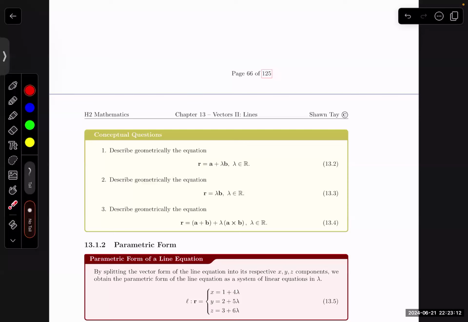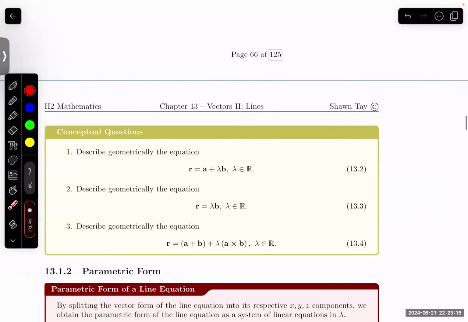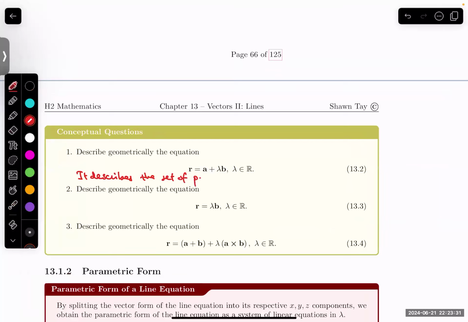You should say that it describes the set of points that lie on a line that passes through, okay, it's quite long, but this is the perfect answer, I would say.